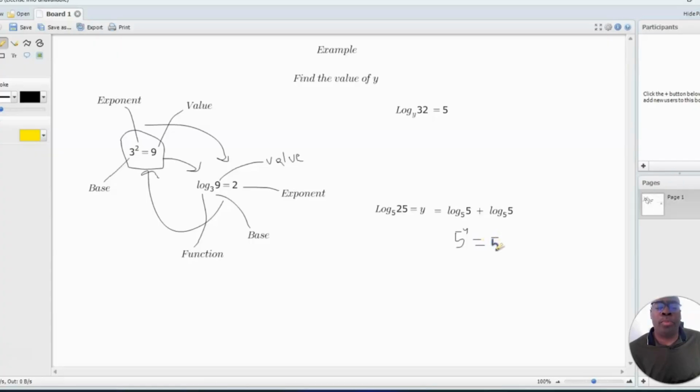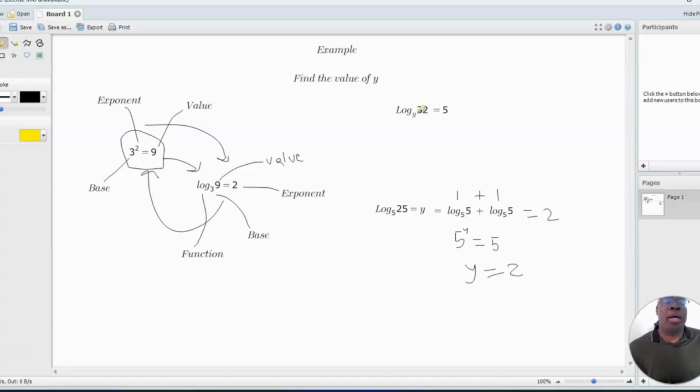What exponent would 5 be raised to give us back the value of 5? Of course, that's 1. So log 5 of 5 is 1 plus 1, and therefore log 5 of 25 is equal to 2. So therefore y is equal to 2. Wasn't that easy? And that's the product rule.